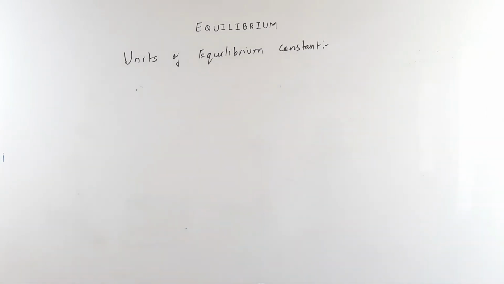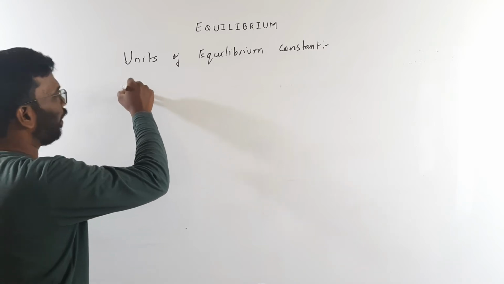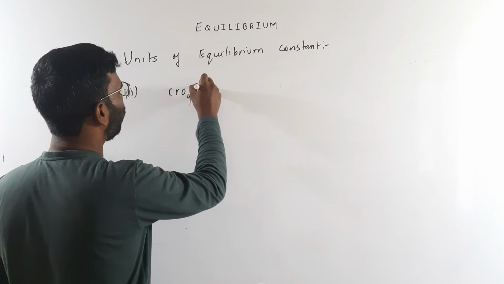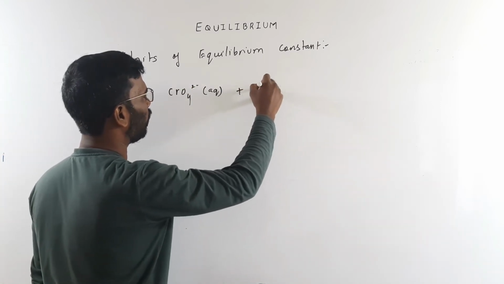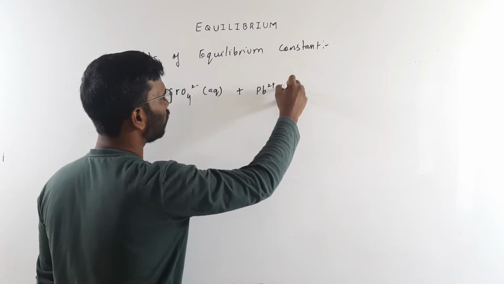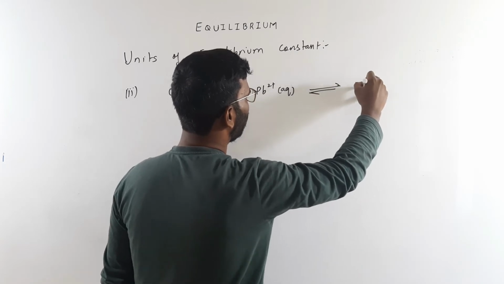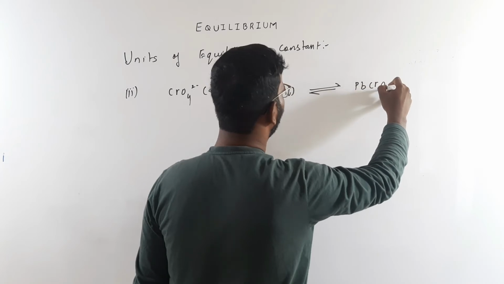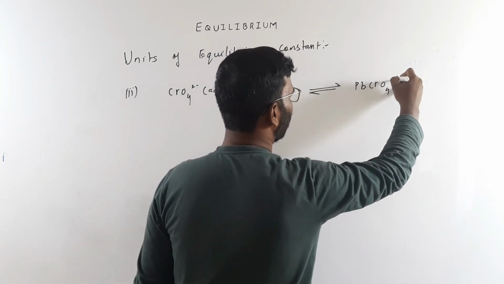Next, let's learn this reaction. Third reaction I am writing: CrO4 2 minus, aqueous, then Pb2 plus, also aqueous, is in equilibrium with PbCrO4, which is solid.